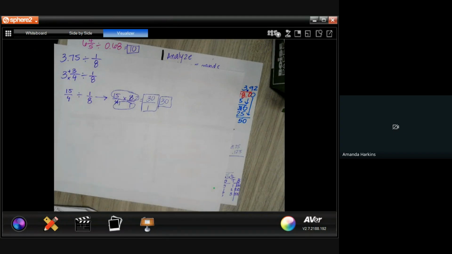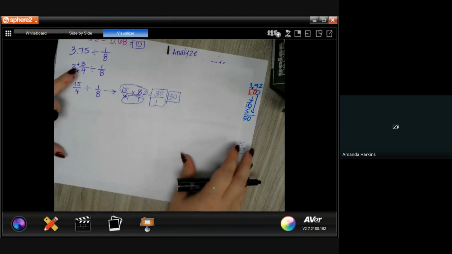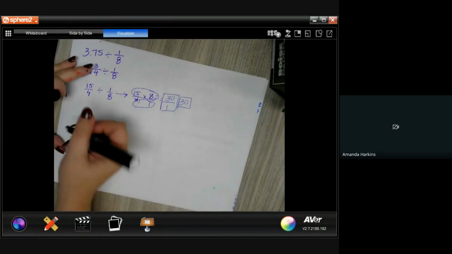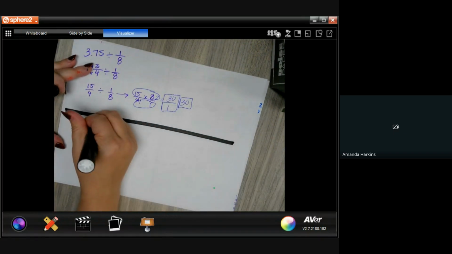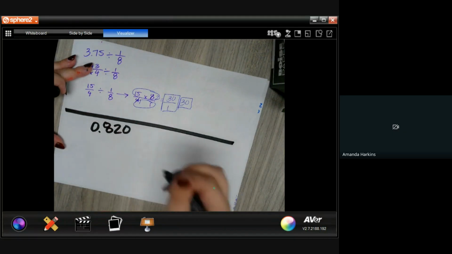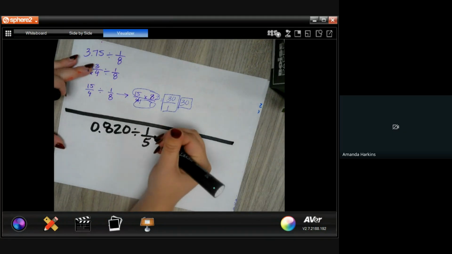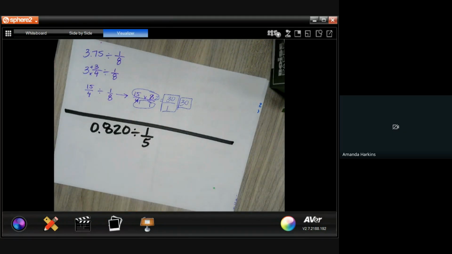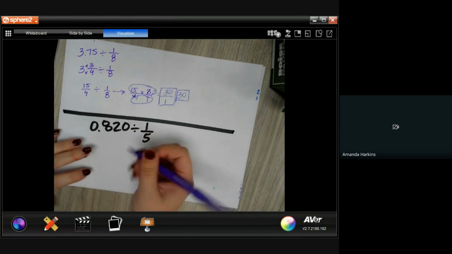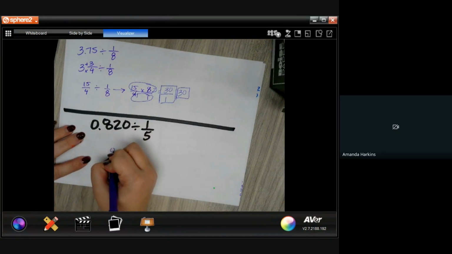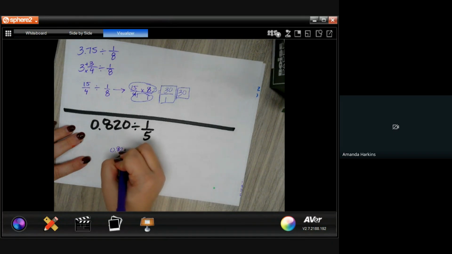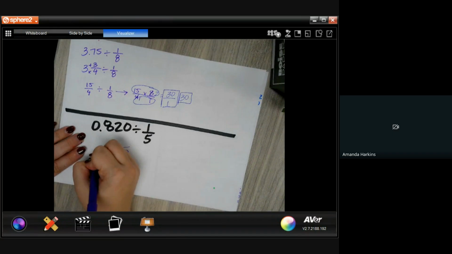Okay, now it's time for you to do your exit ticket and you can check your answer. Okay, so we have 0.820 divided by 0.2.